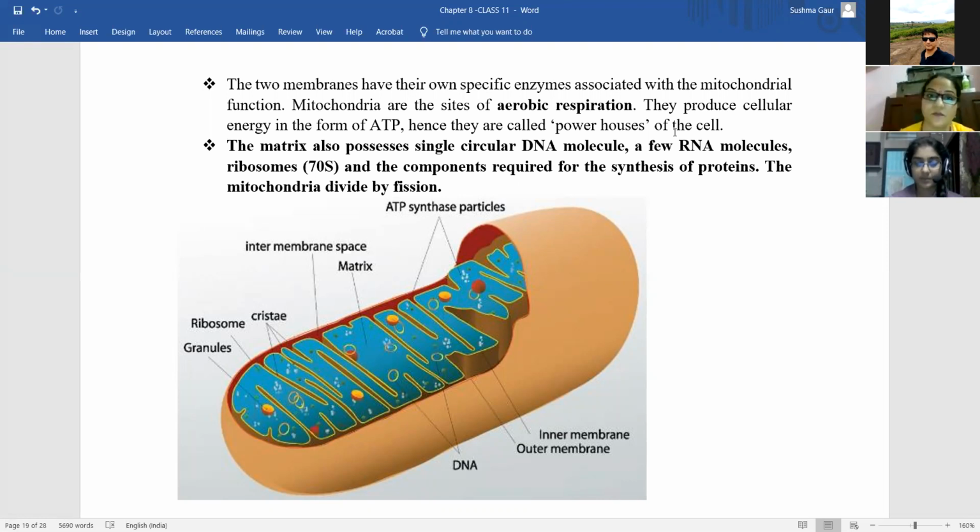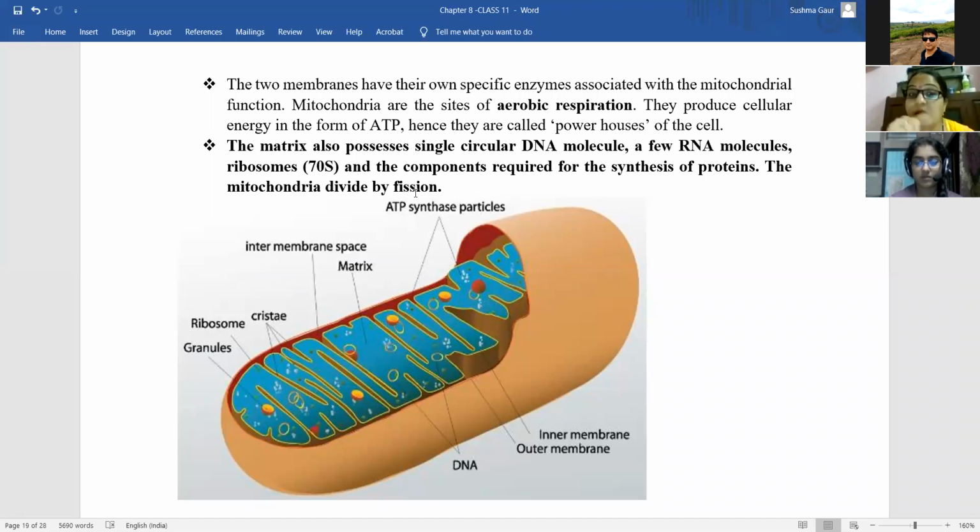One very important and interesting thing is that the matrix of the mitochondria consists of its own single circular DNA molecule, a few RNA molecules, ribosomes, and the components required for the synthesis of proteins. The mitochondria divides by fission. Till now we have studied that the nucleus consists of genetic material, that is DNA or chromosomes.